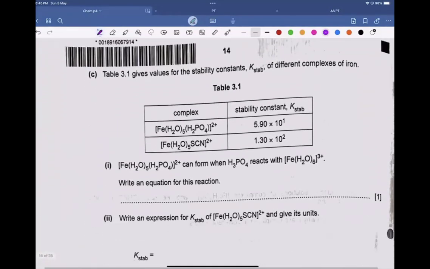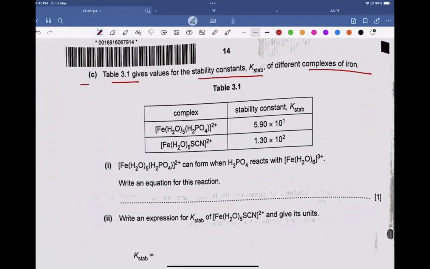Now see, table 3.1 gives values for the stability constant of different complexes of iron. Okay.